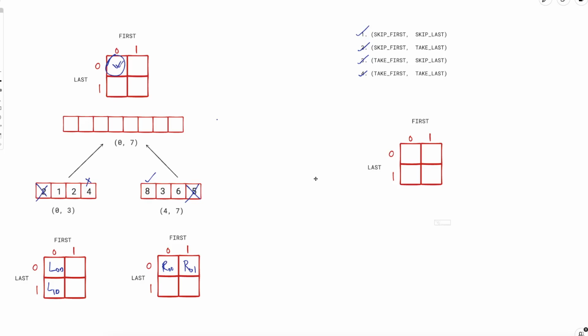Now either you can say that the answer of 0 0 would simply be max of left of 0 0 plus right of 0 1, comma left of 1 0 plus right of 0 0, and similarly you will get some expression for this, this and this.